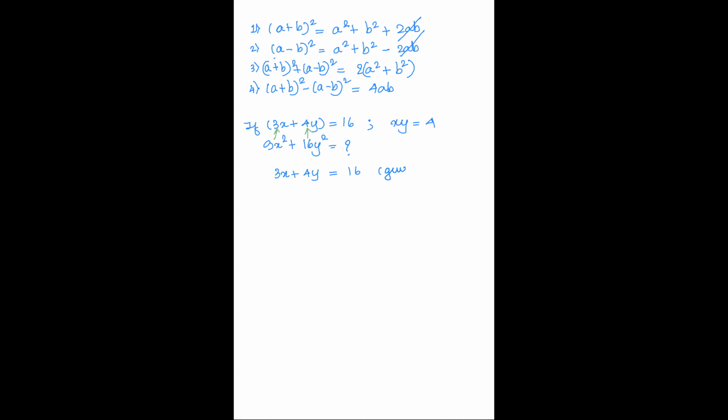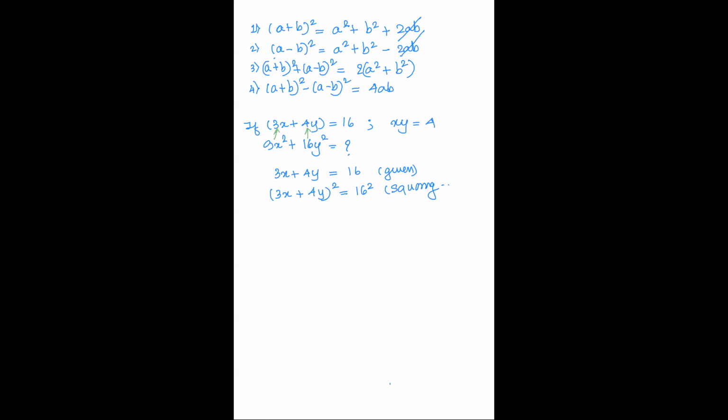Now this is the given information. Let us square it. दोनों तरफ स्क्वायर करेंगे ना so we can get hold of 9x square plus 16y square. So when we square this, 3x plus 4y, the whole square is equal to 16 square. Reason, squaring both sides. All right.